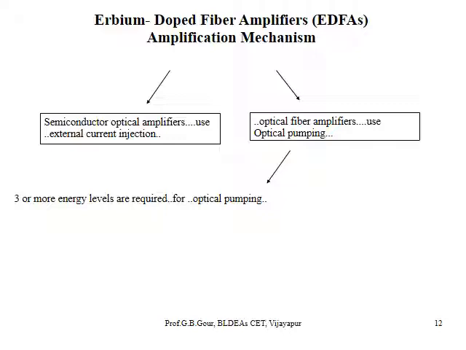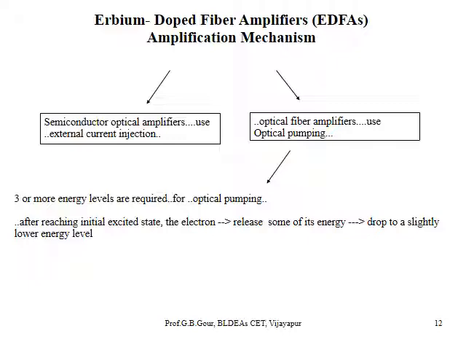So in simple sentences, let us try to understand what we basically mean by optical pumping. In the first step, after reaching the initial excited state, the electron releases some of its energy and drops to a lower energy level. This we know. After being excited to a higher energy level, the electron is not going to reside there for a longer time. It will be there for a few nano or microseconds.